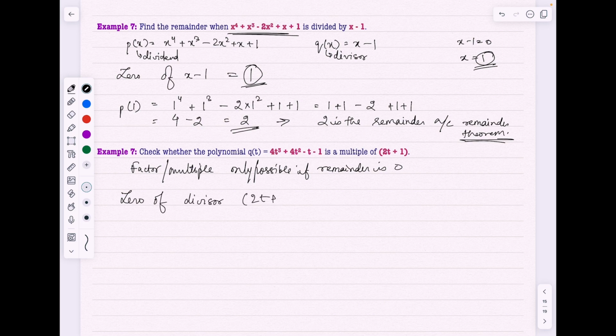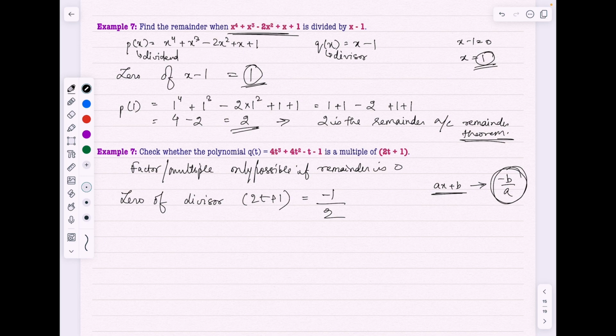The 0 of the divisor 2t plus 1 is minus 1 by 2. And why I directly wrote minus 1 by 2, that is also in the video part. For a linear polynomial ax plus b, only one 0 is there, of the form minus b by a. I have taught this in the previous lectures on polynomials. The link will be in the description below. Please check it if you don't know how I wrote this.